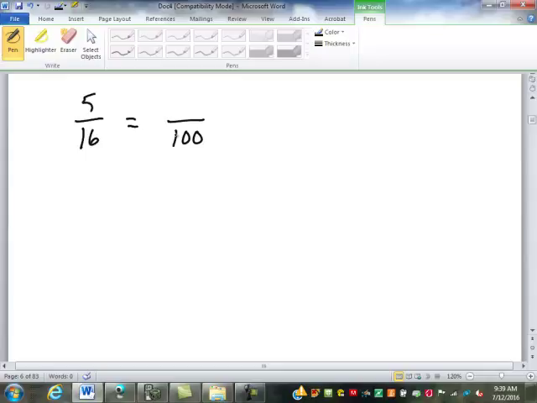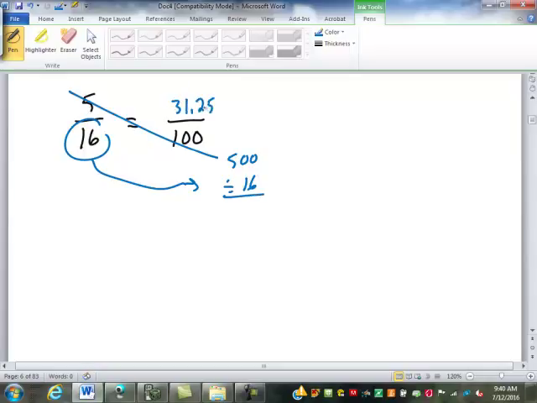And if we have one of the numbers missing in one of those ratios, how do we find it? Cross multiply. 5 times 100 is 500. Technically, 16 times this missing number has to equal that, but the shortcut is we can just divide by the 16. 500 divided by 16 is 31.25. So 31.25 out of 100 is 31.25%.